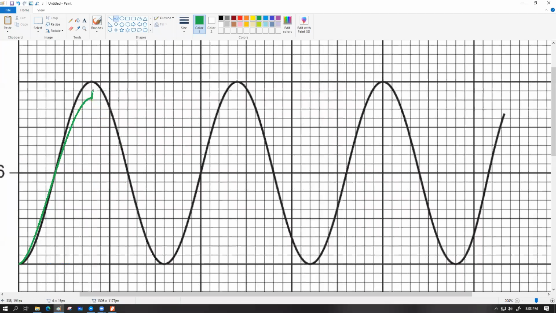So I have shown over here 2 divisions. It is not perfectly 2 divisions, so I'm going to show over here a little bit less than 2 divisions. Let's say 1.5 divisions reduction, something like this. Yeah, that should be working.